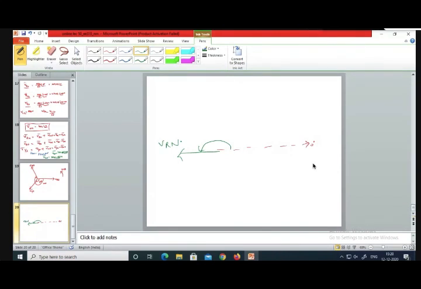Next, after R, I should get Y because there is a phase sequence. The value is 784.48 angle minus 163 degrees. So I have to measure minus 163 degrees from here. This is 90, this is 180, so somewhere here I'll get it.